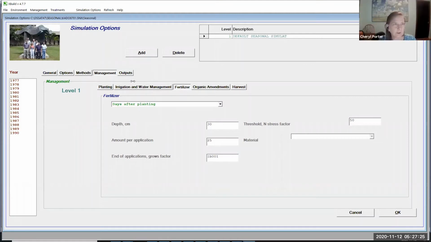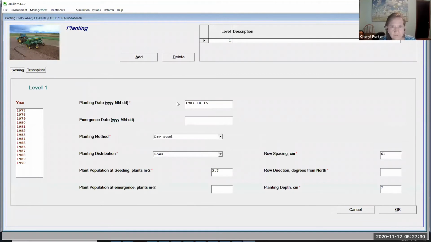Okay, so I guess I should also show that the planting, I had to match the date for my planting date. It gave you to plant on October 15, and mine is in year 1987.